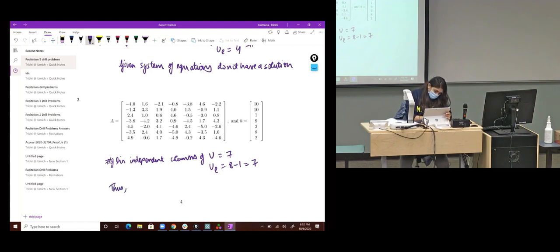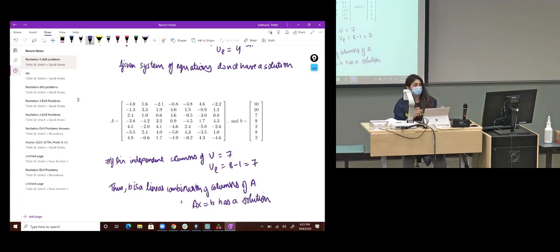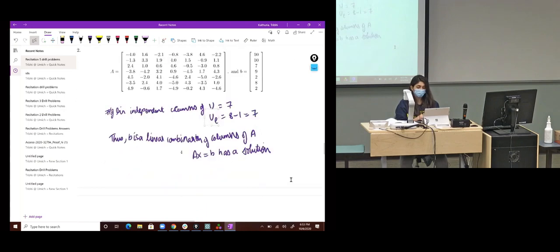Thus, B is a linear combination of columns of A. AX equals B has a solution. I don't know how many, but there is a solution, which is what we got from our analysis. Very easily, might I add.